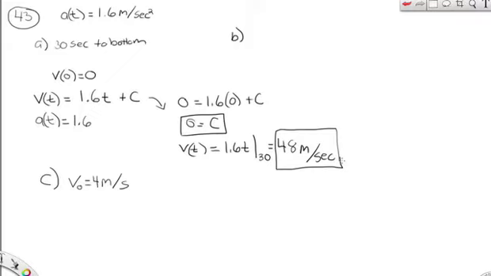Part B says how far below the point of release is the bottom. So again, this is a question about where, which sounds to me like position. So again, if I go to my levels, I know at the bottom we had my acceleration is 1.6. We found my velocity to be 1.6 t, and we figured out the c was 0, which now means my position is the antiderivative of velocity.